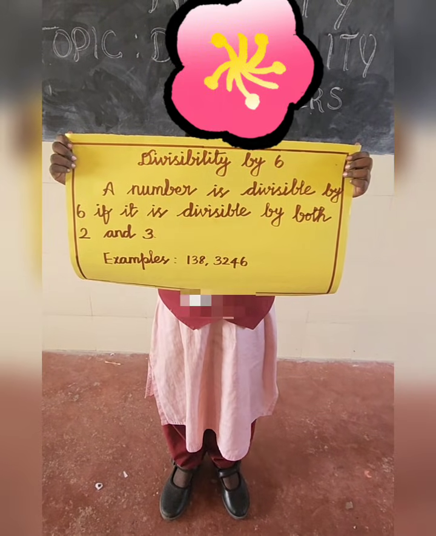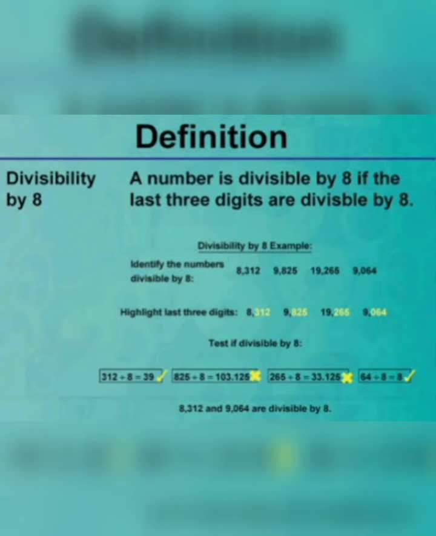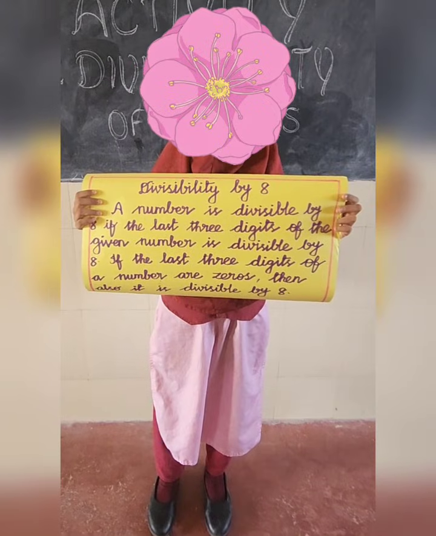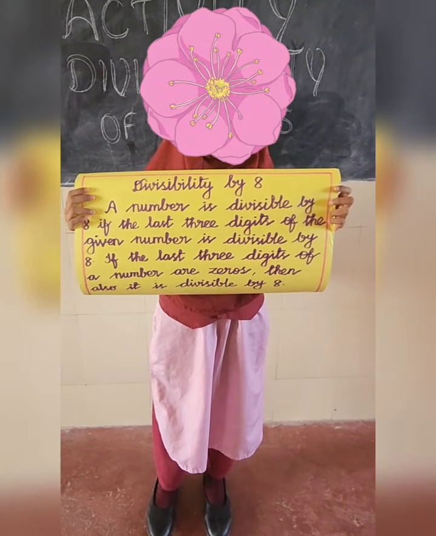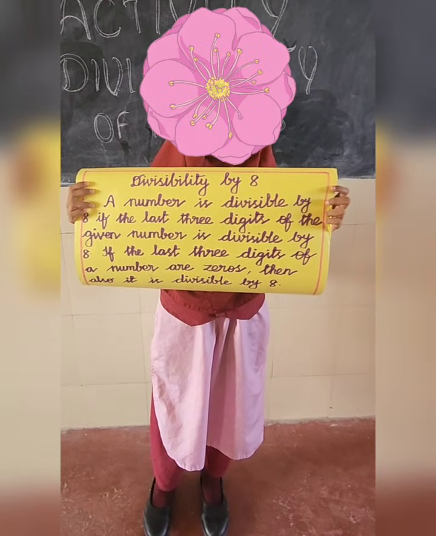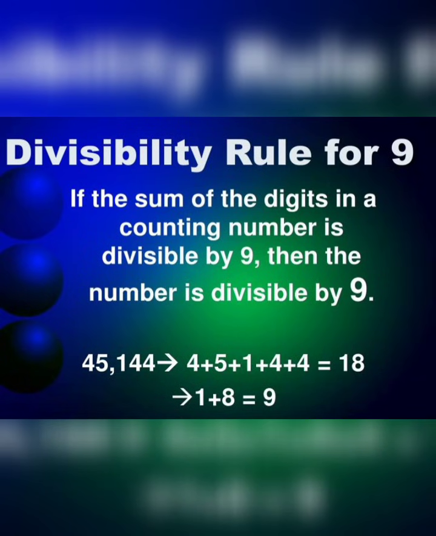A number is divisible by 6 if it is divisible by both 2 and 3. Divisibility by 8. A number is divisible by 8 if the last three digits of the given number are divisible by 8. If the last three digits of the given number are zeros, then also it is divisible by 8.